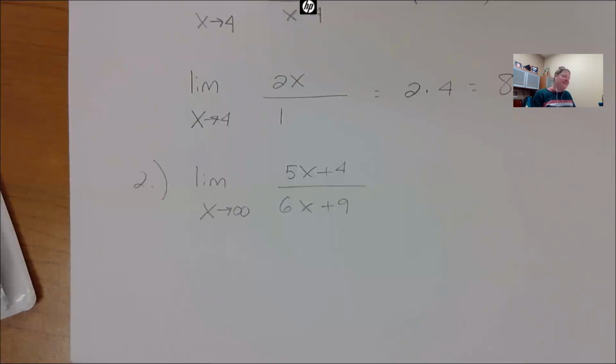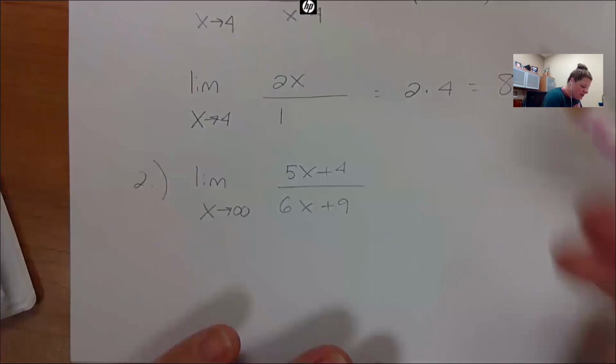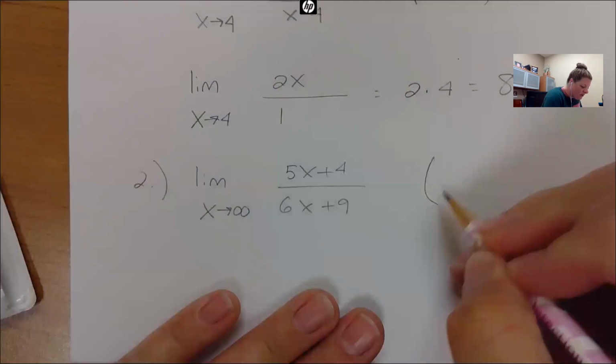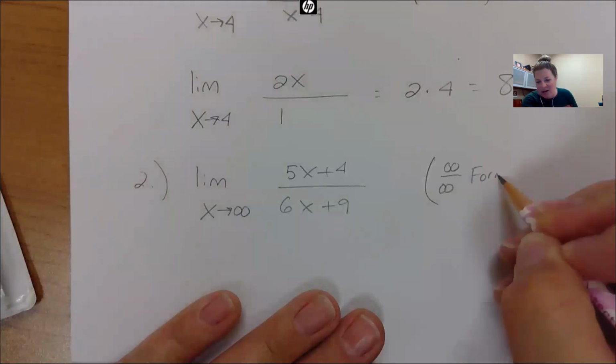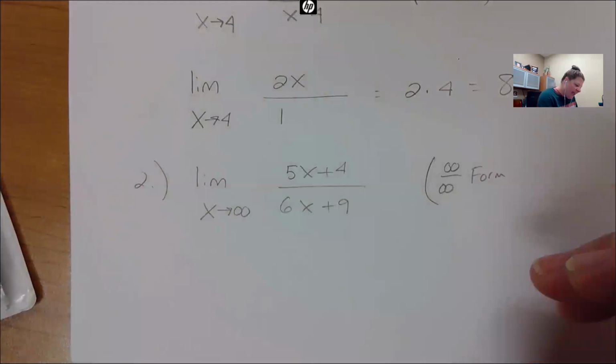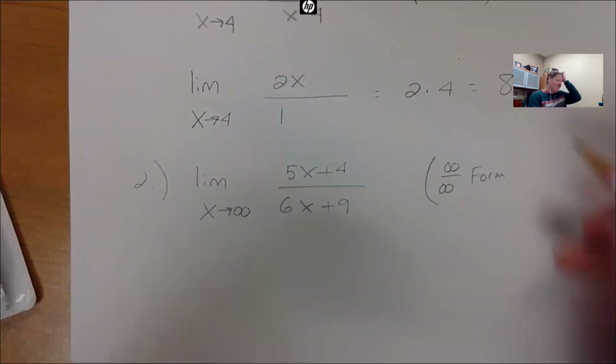So what is this saying? It's saying put in infinity, and you have infinity times 5 over infinity times 6. That means you're constantly going to be growing, and that means you're going to infinity over infinity. So this one's in the form infinity over infinity. And I should always say you could have negative infinity over a negative infinity as well, and it would be in that form.